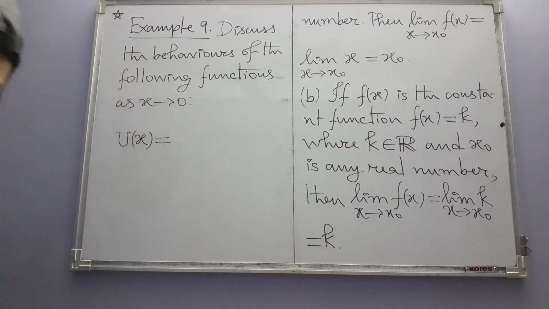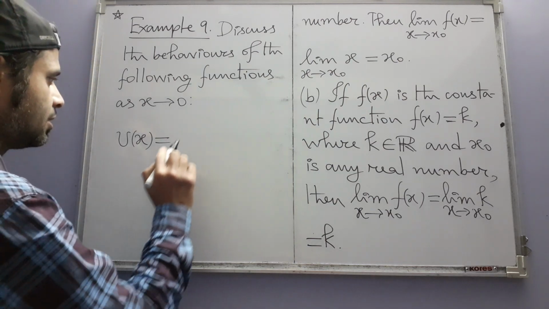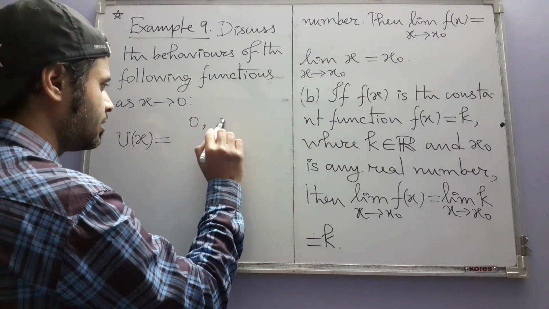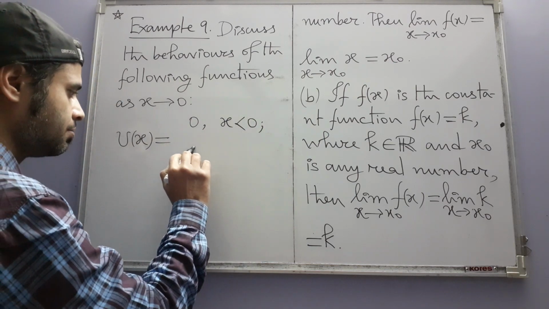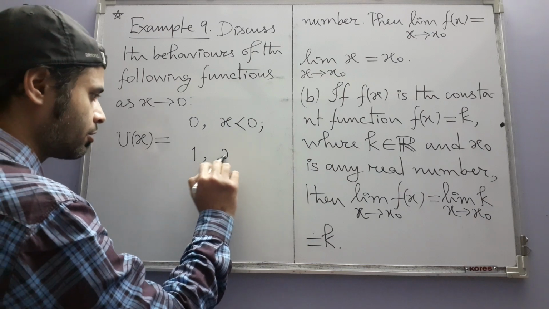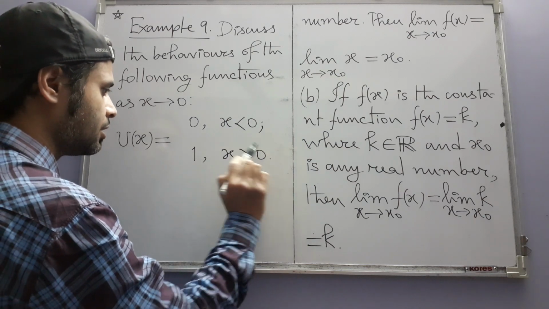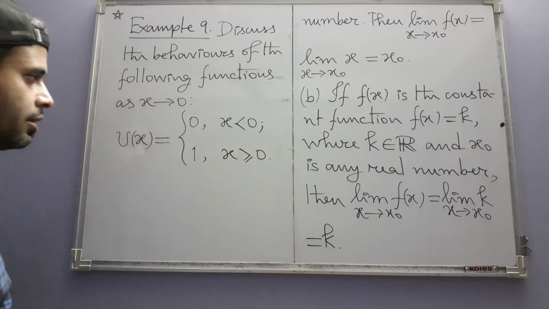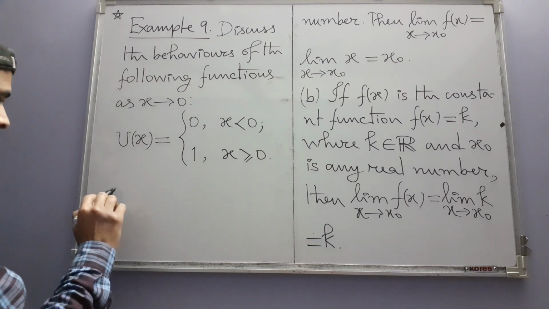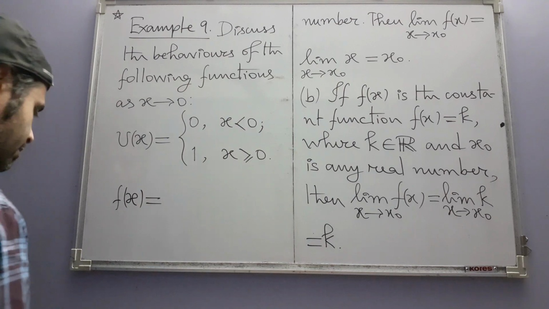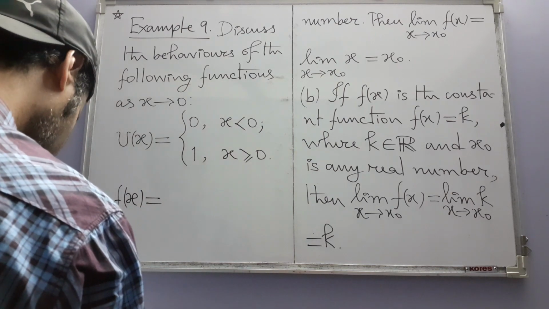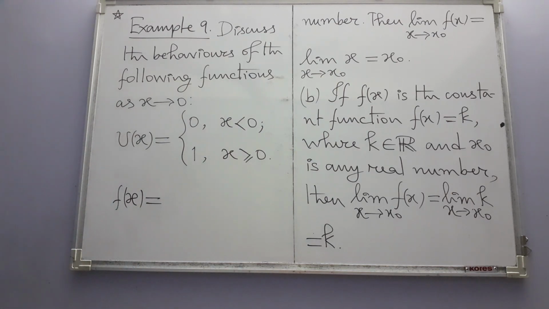The first one is u of x, and it's partly defined for negative real numbers. It's defined to be constantly 0, and for non-negative real numbers it's defined to be constantly 1. Then another one, I think this one is named g.